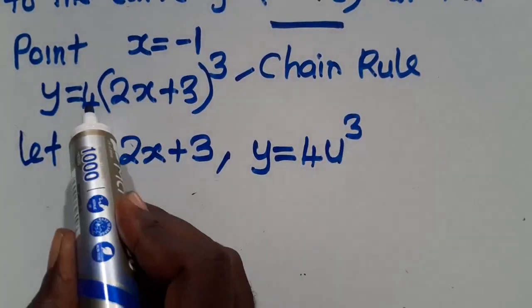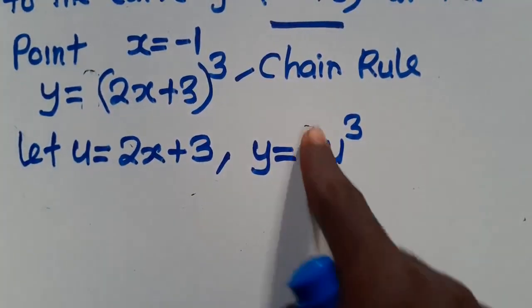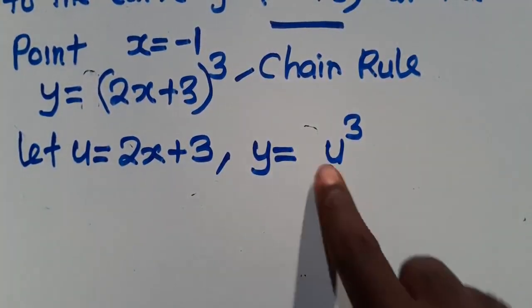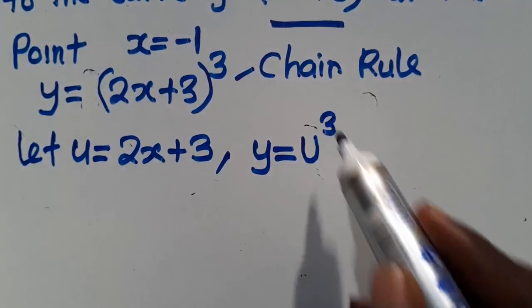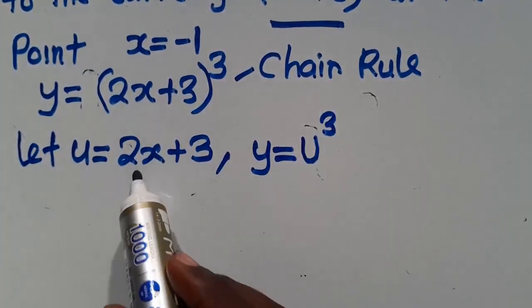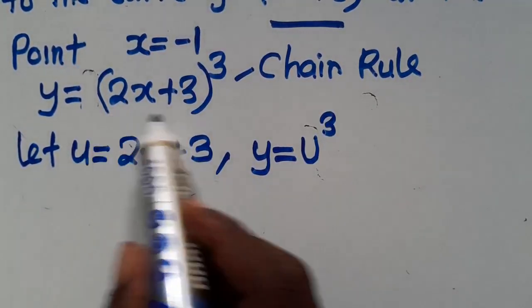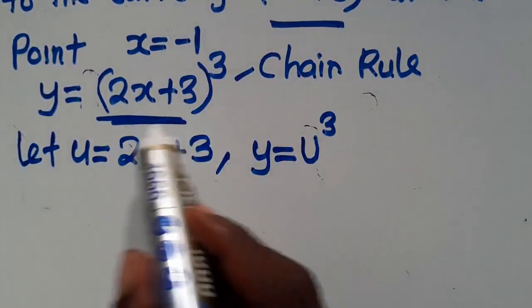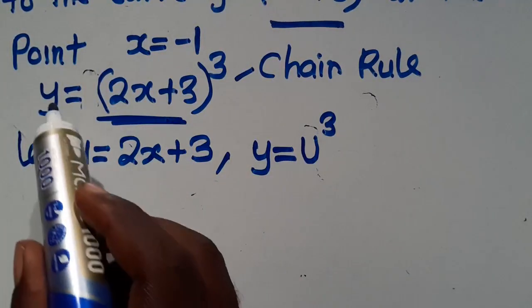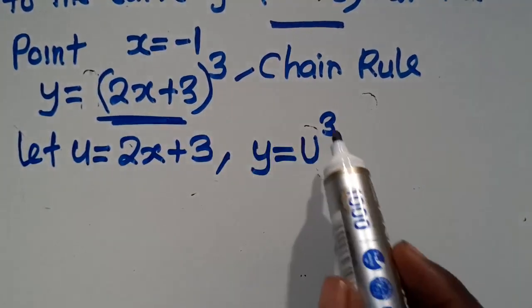Since there is no number here, I just leave it like that. So this is just u to the power 3, because I know that u is 2x + 3. So you say let u represent what is in the brackets. Then since what is in the brackets has become u, y is equal to u to the power 3. This is what I have written here.